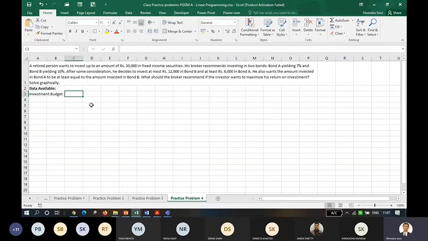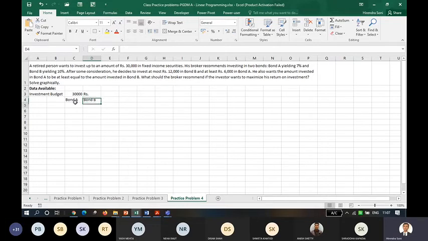How much is the investment budget? 30,000 rupees. His broker recommends investing in two bonds, bond A and bond B. So he has an option of bond A, second is bond B. That means यहाँ पर decision variable normally यही होगा कि कितना किस में invest करना है.